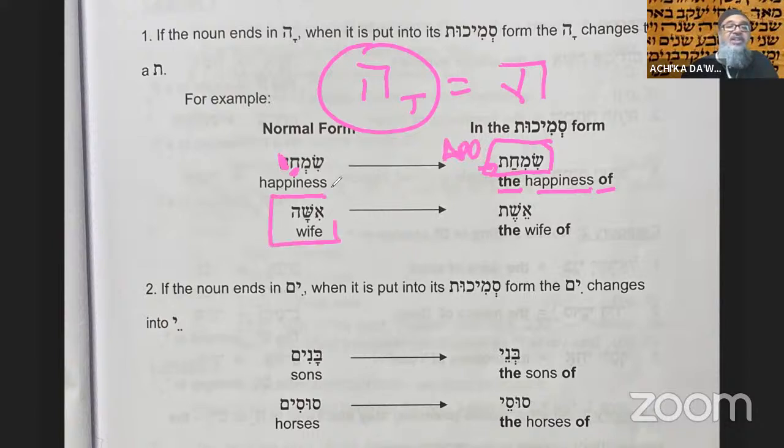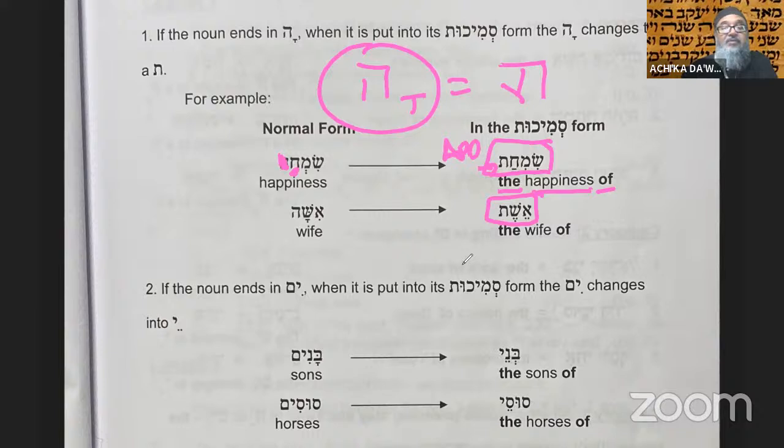Here's another one. It's called Isha. You know, that's a wife, and she has the feminine ending, which is this ah. You're going to get rid of the ah, and you're going to put a tav on the end. So instead of it being called Isha, it's going to be called Eshet. That's just the rule.